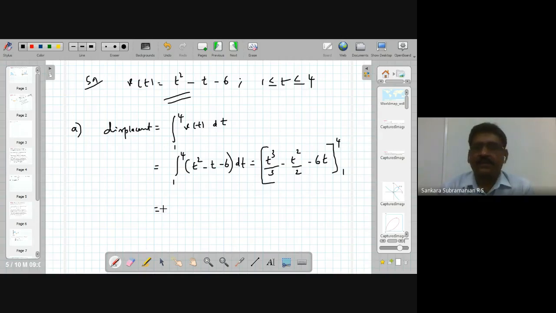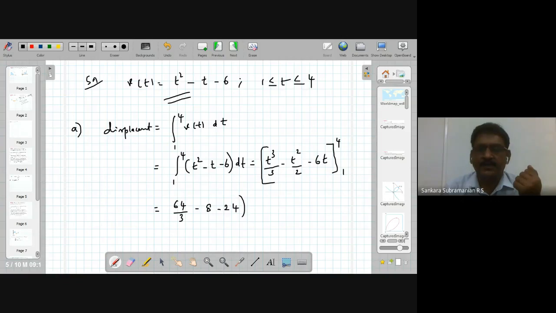If you go with the upper limit, you get 4 cubed, 64 by 3, minus 4 square by 2, 16 divided by 2, which is 8, and minus 24.